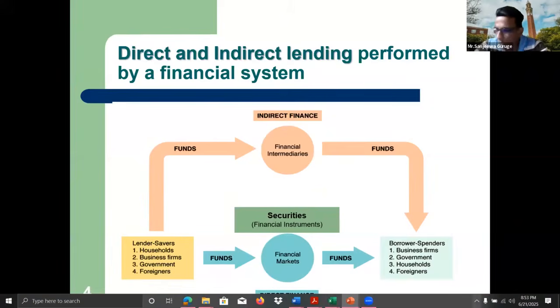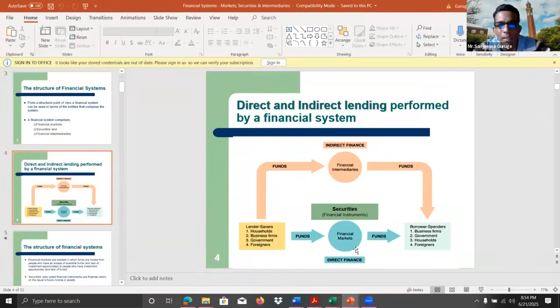Especially when we do this evaluation for a firm in a developing country, if you have to analyze a company there, there are two main alternatives available to meet the financial requirement: direct finance and indirect finance.